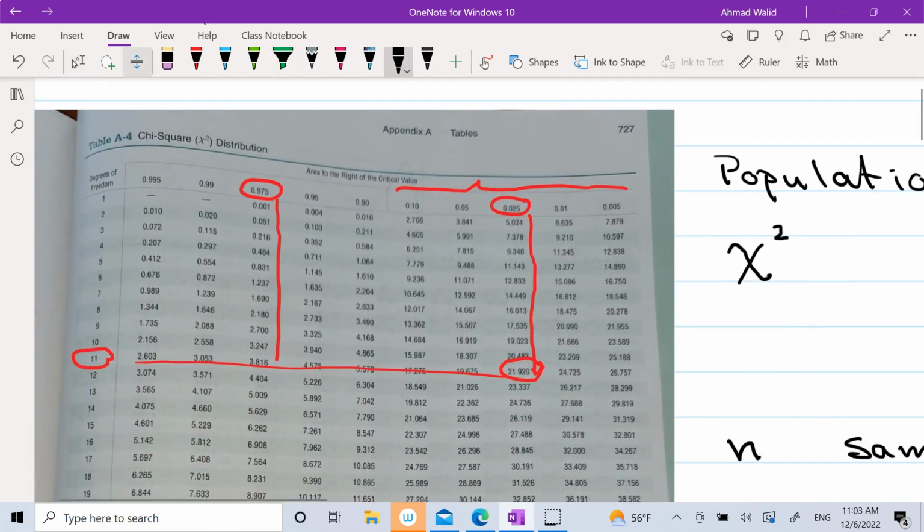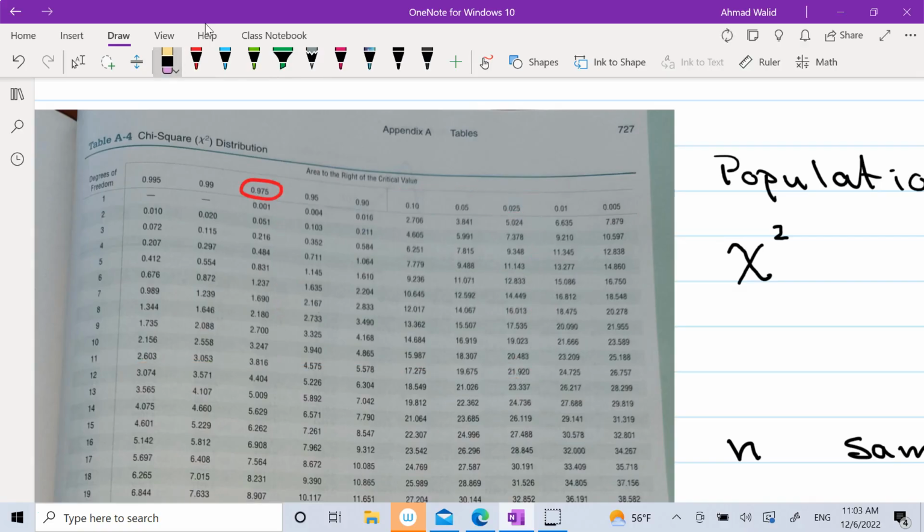Going back to the table, let's first erase all these red lines. My degree of freedom was 9. Correct? And alpha is 0.05. It means alpha over 2 will be 0.025. Correct?